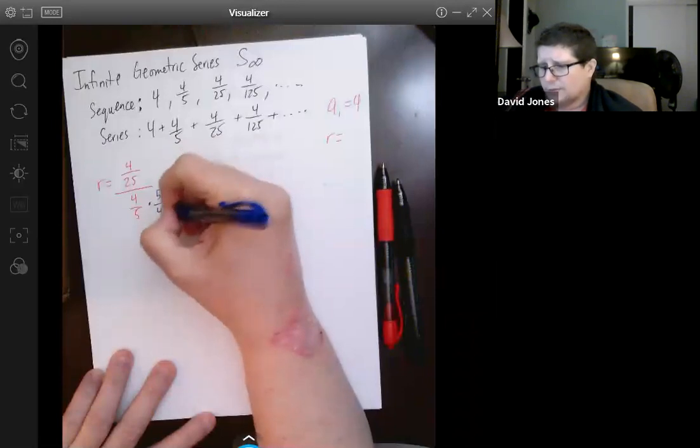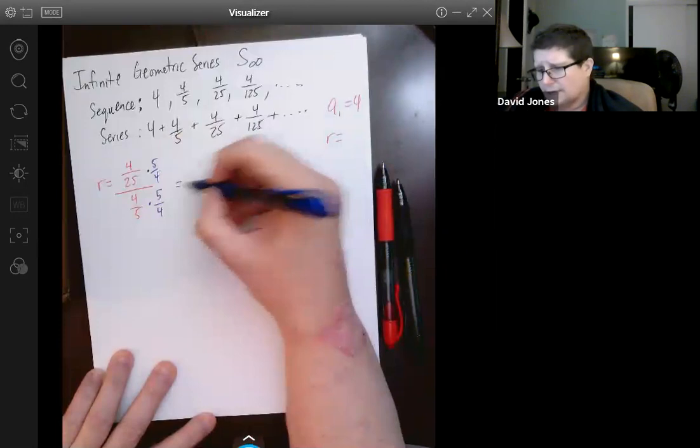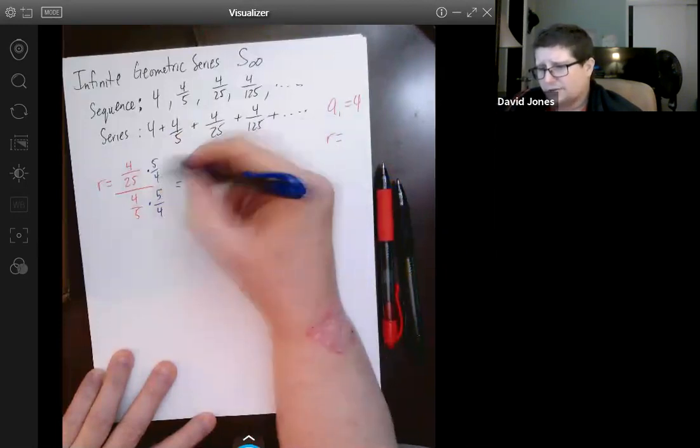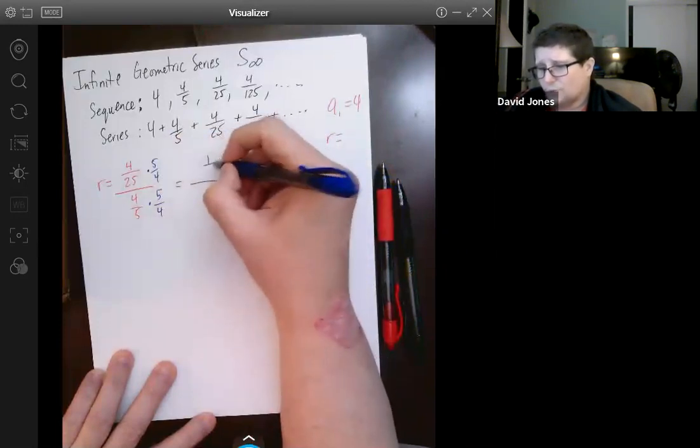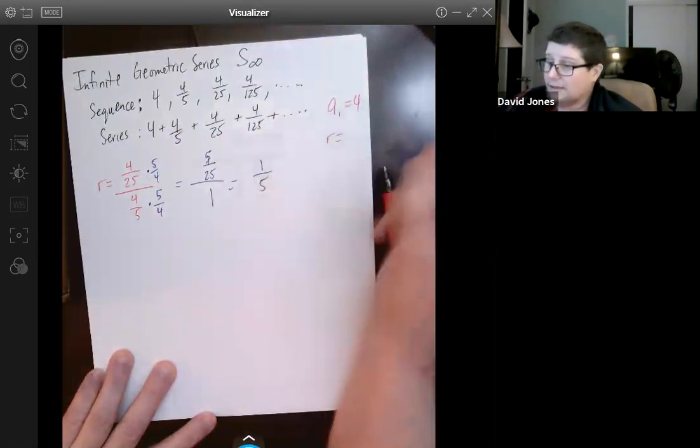Clean that up. We're going to multiply top and bottom by the reciprocal of the bottom. The bottom goes to 1. Here the 4's cancel, and I'm left with 5 over 25, which is just 1/5.